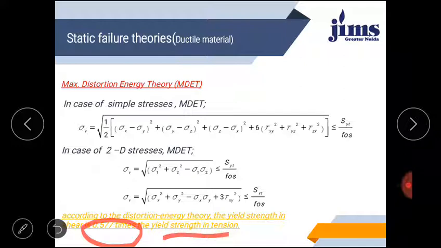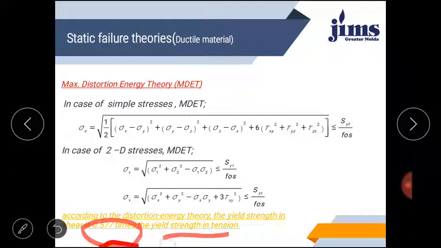As compared to the previous one, here your shear strength is increased. In the earlier case we saw yield strength in shear was 0.5 of SYT, but here you are seeing shear strength is 0.577 of the yield strength in tension SYT.